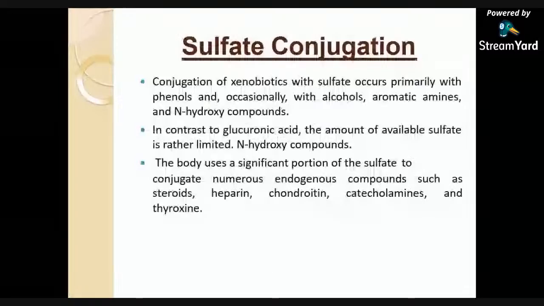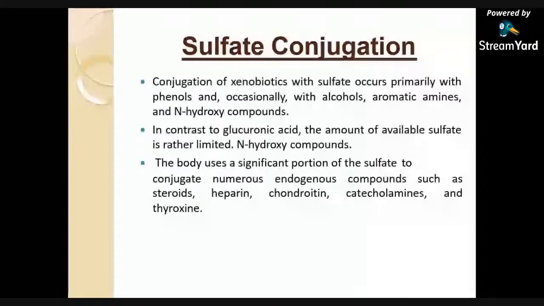Then sulfate conjugation. Conjugation of the xenobiotic with sulfate occurs primarily with phenols and occasionally with alcohols, aromatic amines, and N-hydroxy compounds. In contrast to glucuronic acid, the amount of available sulfate is rather limited.